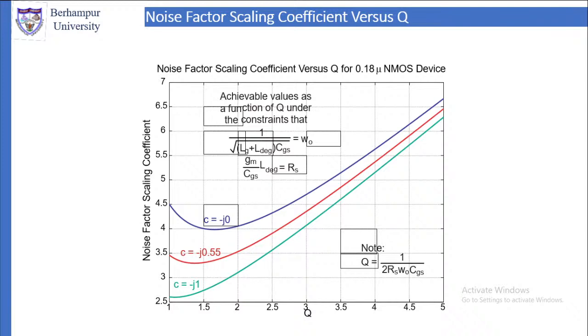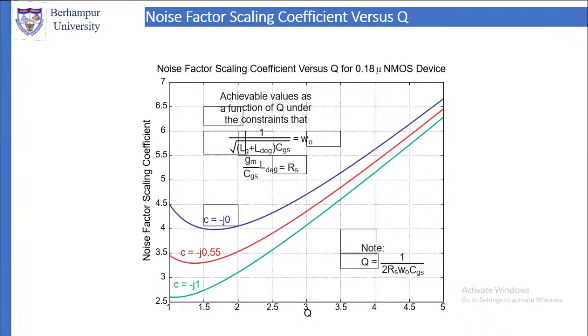Now the noise factor scaling coefficient versus Q is dependent on Q. If you draw the noise factor scaling coefficient versus Q curve for a 0.18 micron process, you can see that when C is equal to 0, the noise factor is around 4.